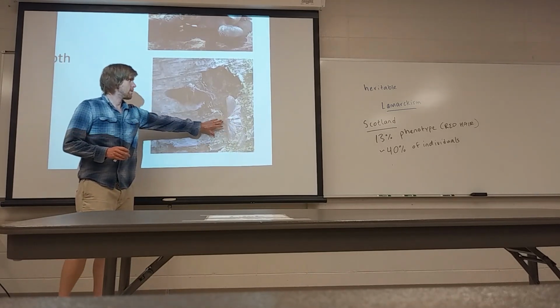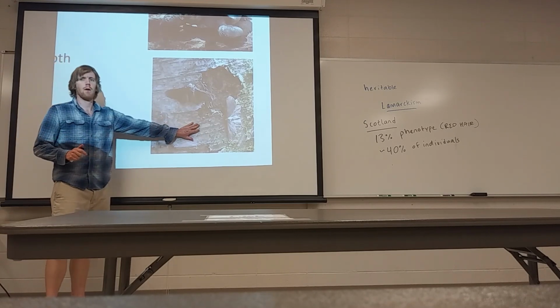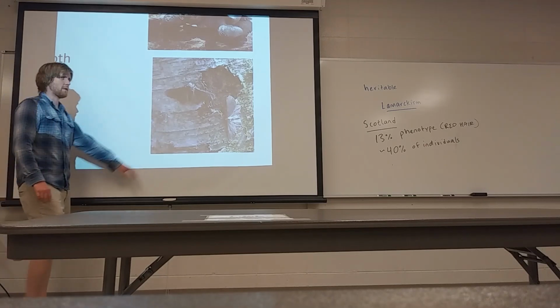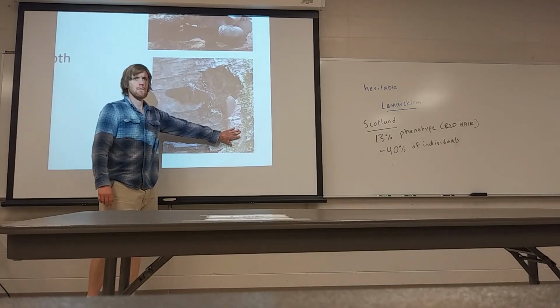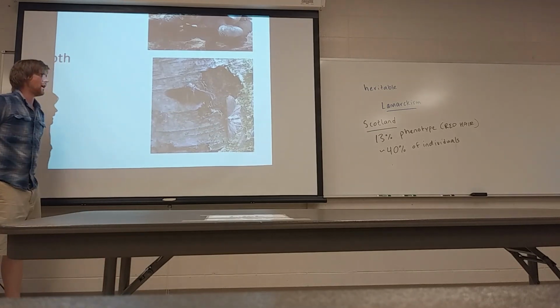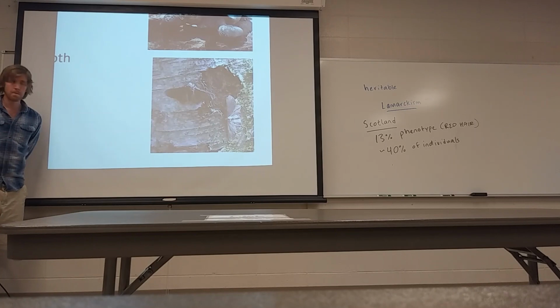The light form camouflages well on tree bark like we have here with this, what I believe is a birch tree. It might be a different species of tree, but it's a tree with light bark. And so it camouflages well. The dark colored moth does not camouflage nearly as well.